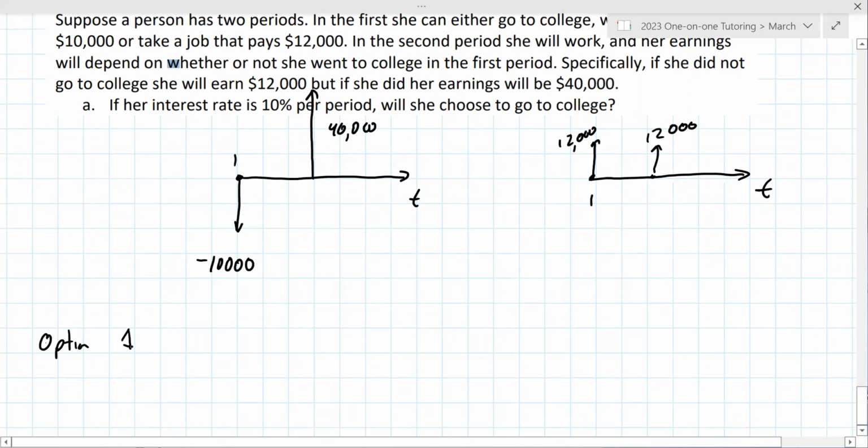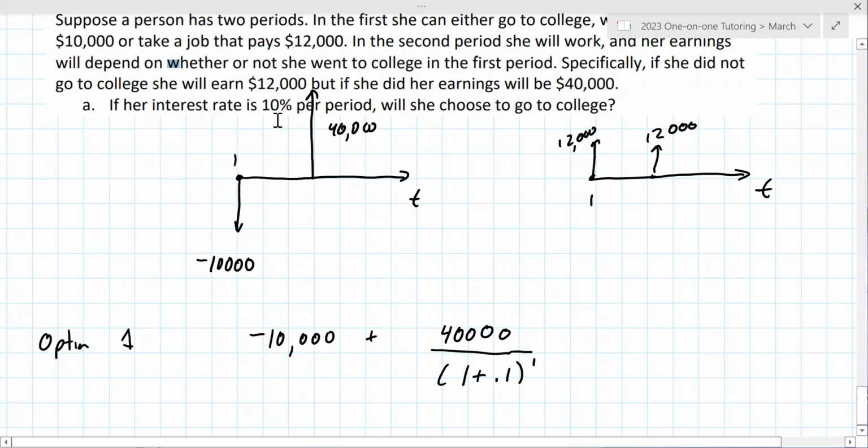In the college route, it's minus 10,000 plus the 40,000, and then you divide by 1 plus R to the power of 1, because it's like what is it in today's dollars?